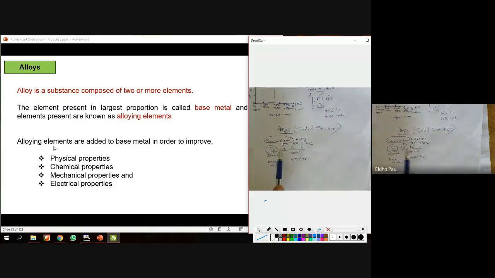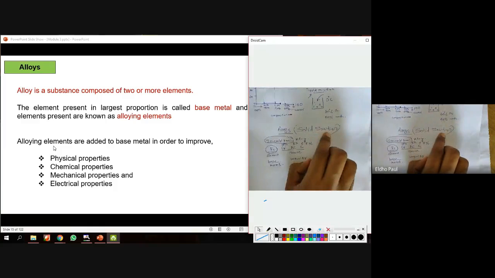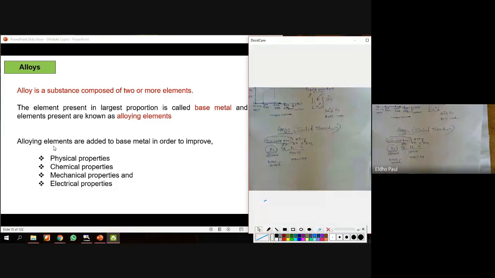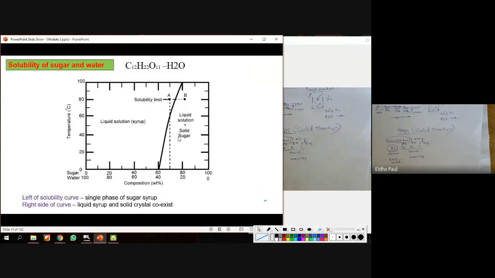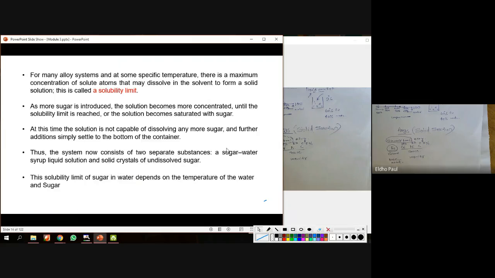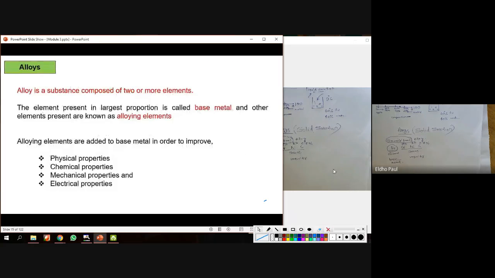When we add impurity material, the solution formed should be a single solid solution. There should not be any segregation, like extra sugar segregating in the container at a particular concentration and a particular temperature. The same thing should not happen while forming an alloy.